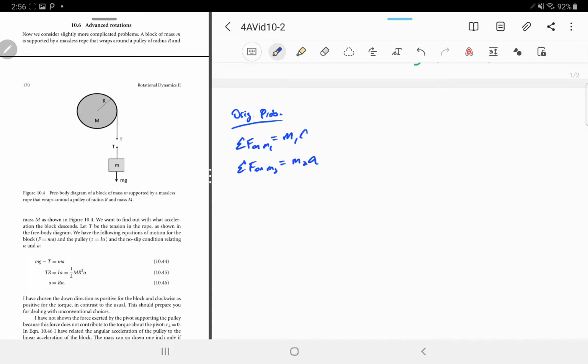And we can use the same A as long as we're cognizant of the different choice in positive direction for each of these. So here, this is the positive direction for M1, and for M2, this is the positive direction. As long as we remember that for each of these two equations separately, then we can use the same value A. The third equation that we're going to need comes from the sum of the torques is I alpha.